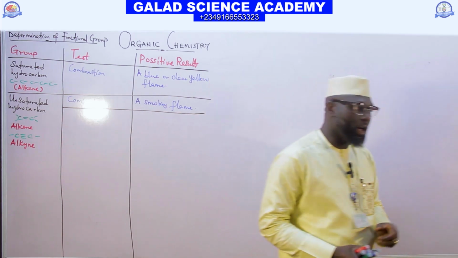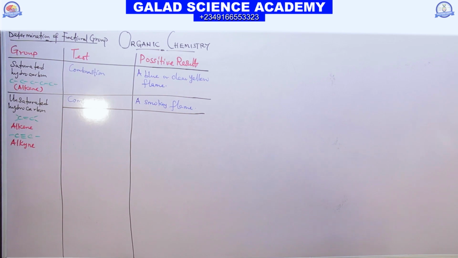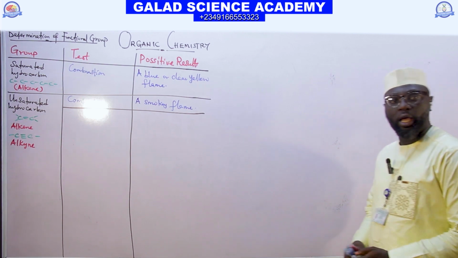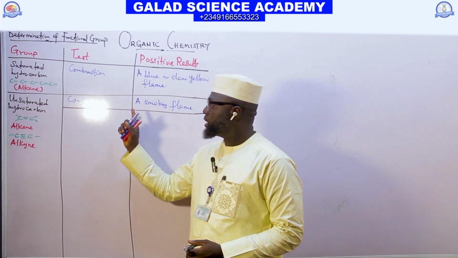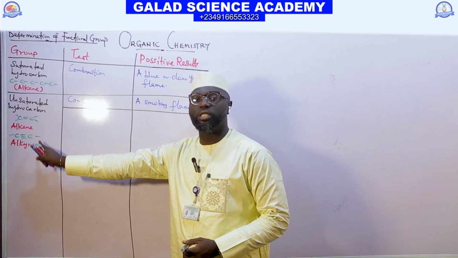So whenever we burn a hydrocarbon and we have a smoky flame, the compound is alkene or alkyne.